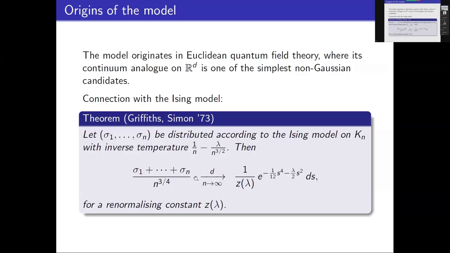This is what they proved, and in fact one can see from that that this is basically some sort of trivial phi-four model. It's just a phi-four model on a single vertex. So that's interesting maybe so far.